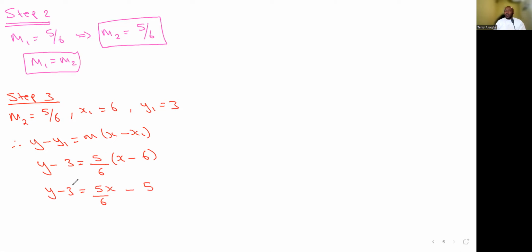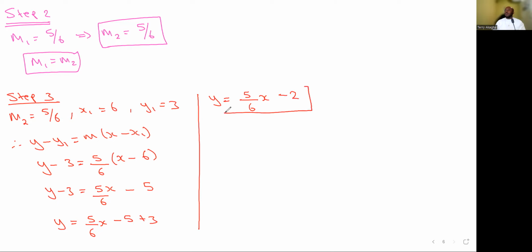Minus 5. You take 3 to the other side, so y will be equal to 5 over 6 x minus 5 plus 3. And then y will be equal to 5 over 6 x minus 5 plus 3, which will give you minus 2. And that will be the equation of the line for the second one.